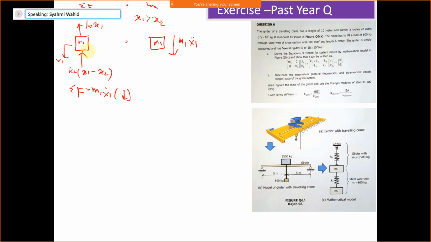Dekat sini. Spring constant. Spring K2. Yes. Maksudnya direction mesti downward. So downward maksudnya K2 X2 minus X1. Okay. Dia akan berada kat situ lah. Tapi for this case kita assume that K2 X1 minus X2 lah. Okay.